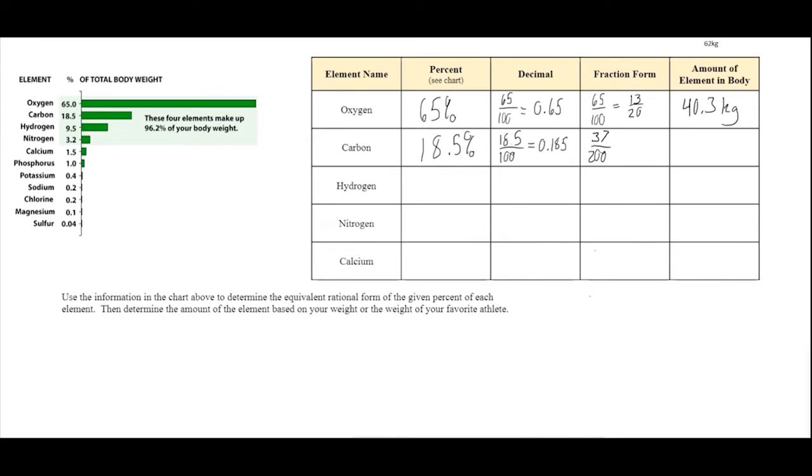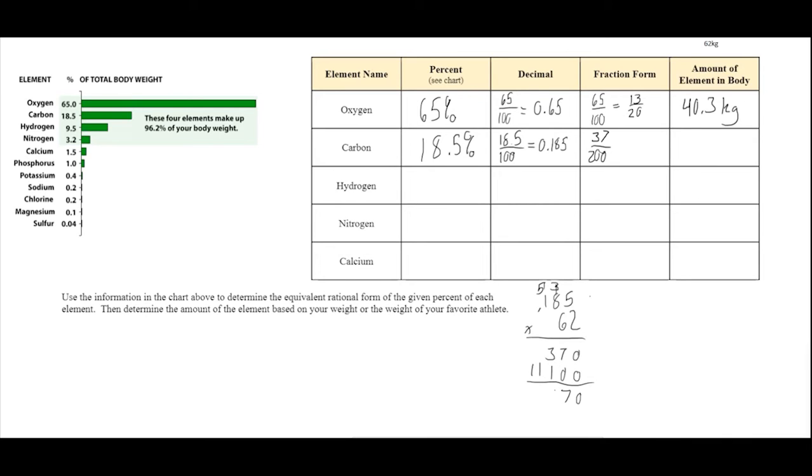Again, multiplying by the decimal form, 62 kilograms times 185 thousandths, we get 10. 16 plus 1, 17. 2 plus 1, 3. 6 times 5 is 30. 6 times 8 is 48, plus 3 is 51. 6 times 1 is obviously 6, plus 5 is 11.